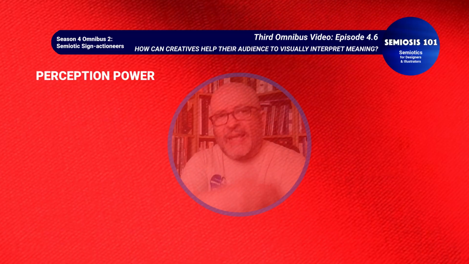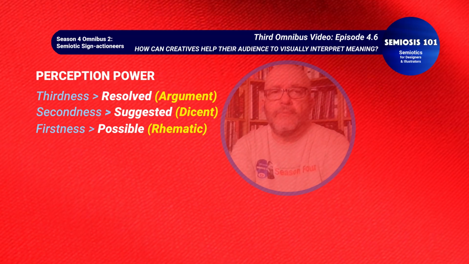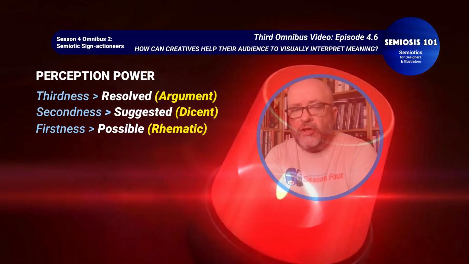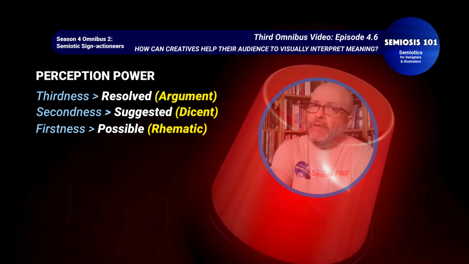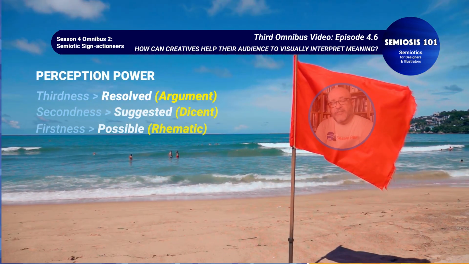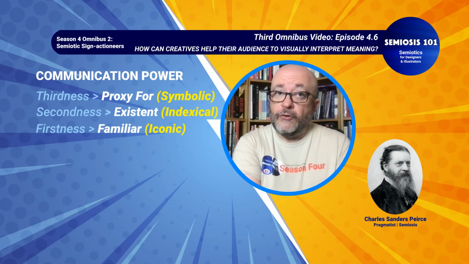Perception of what is seen can be a possibility or suggested or resolved. Red is possibly a warning about something. It can strongly be suggestive of danger, or we can resolve that when we see a red flag on a beach, there are dangerous tides. Communication is by familiarity, iconic, or existent, indexical, or a proxy for symbolic.